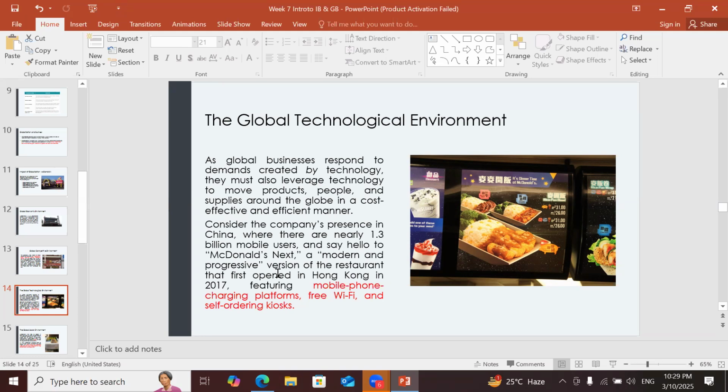So when McDonald's does business in China, you have to maintain China's rules, regulations, policy, and process. So ultimately it impacts the technology environment. It's a technology-based impact.